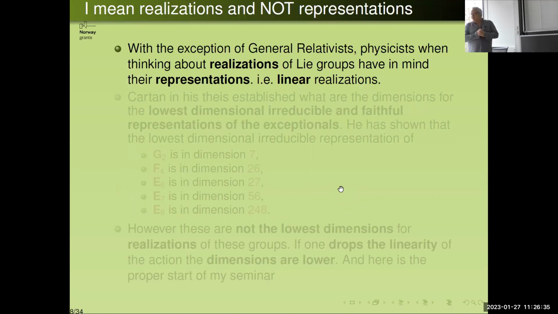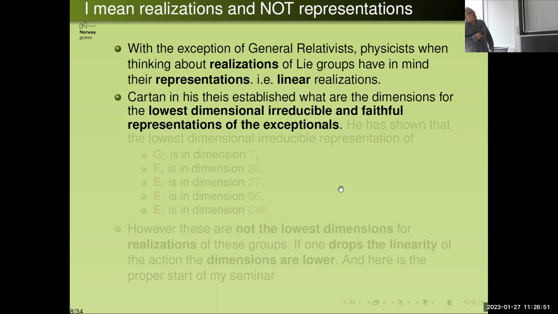Now I am coming back to what Jacek was asking. With the exception of general relativity physicists, when thinking about realizations of groups, people have in mind their representations, which I would call linear realizations. Cartan, in his thesis, established the dimensions of the lowest dimensional irreducible and faithful representations of the exceptionals. He found the lowest dimensional representations of each simple Lie algebra, including all the exceptionals.